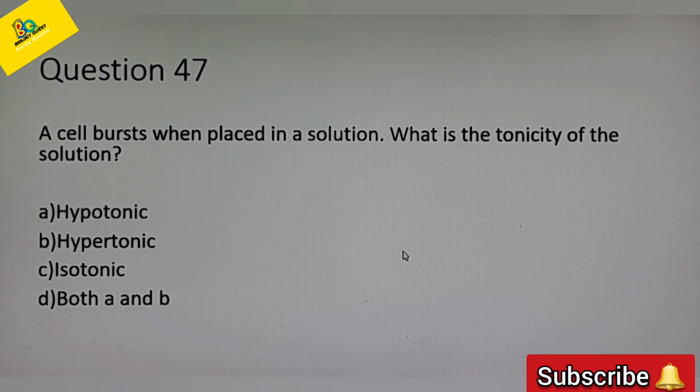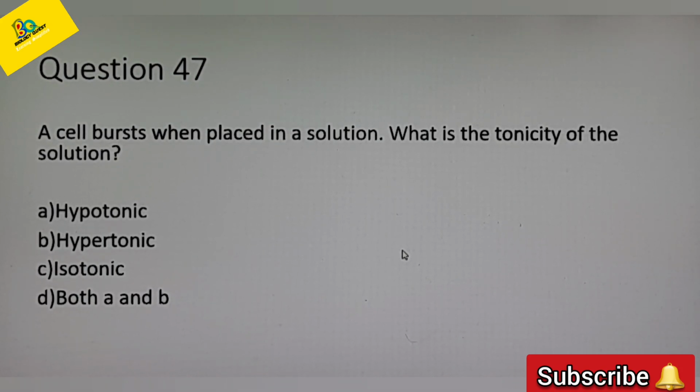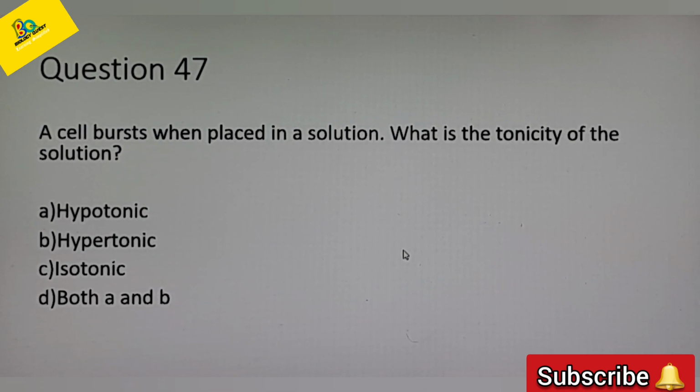Okay, a solution whose concentration is less than that of the cell sap contains more amount of water in it. So water moves from the solution into the cell. Endosmosis will take place and the cell becomes turgid and finally it bursts.